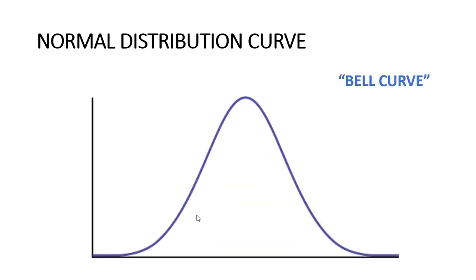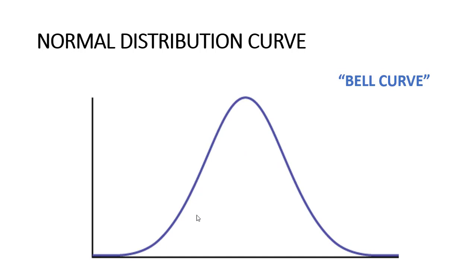Then there's another very important concept that I want to introduce this week, and this is what we call the normal distribution curve. This is going to be central to every discussion that we're going to have in statistics. A normal distribution curve looks like a bell curve, and you're probably familiar with the bell curve. This is a bell curve. It's perfectly symmetrical.